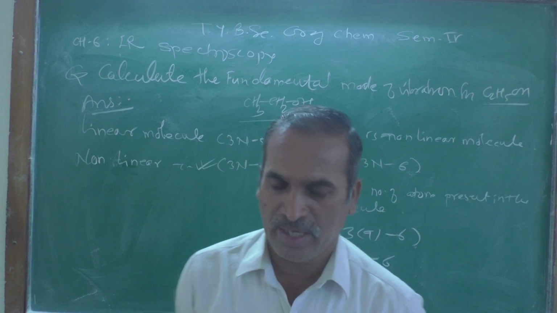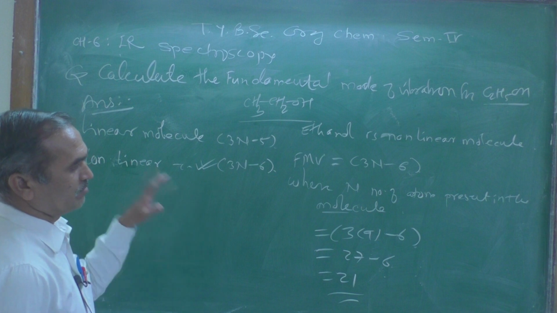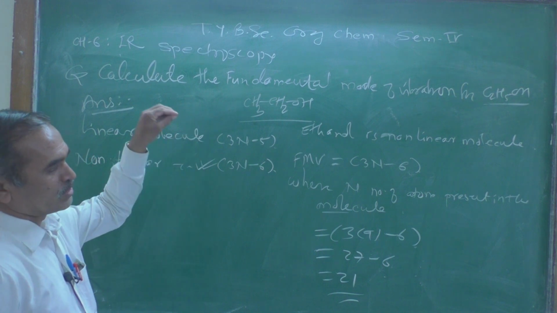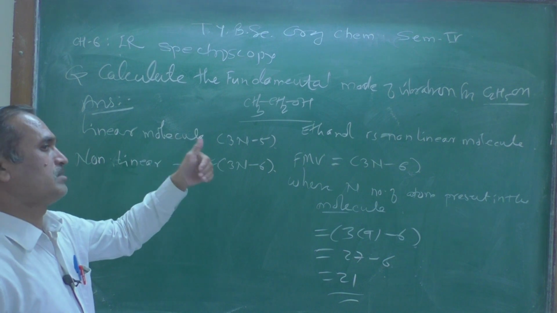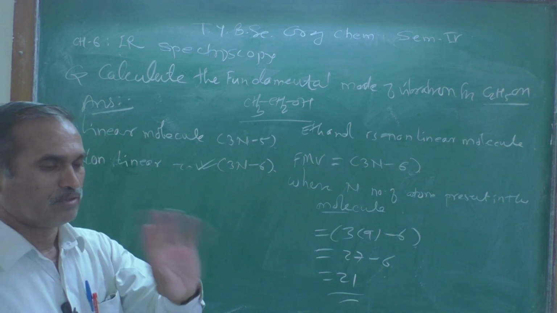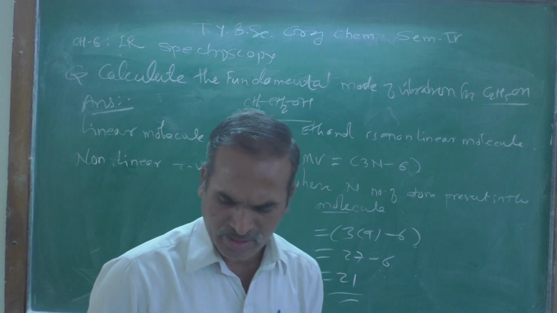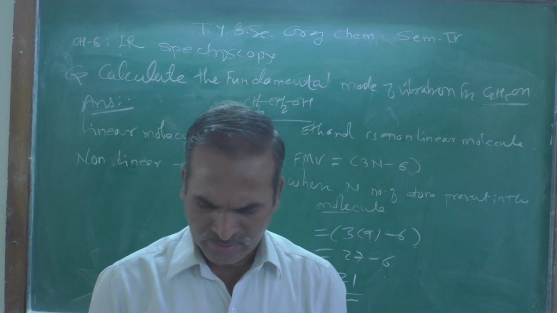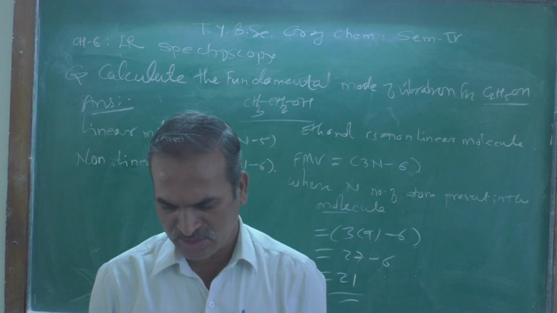So this is the way of solving the problem based on this. If you solve in this systematic way, you will get the 1 mark. So that's very easy. Here, for benzene the molecular formula is C6H6, as we know.